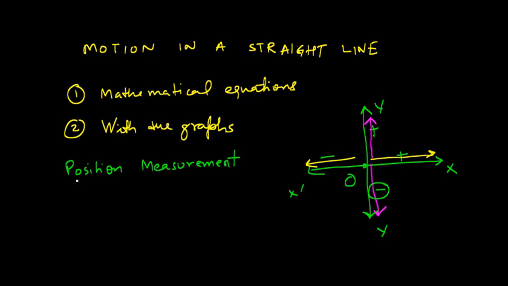Similarly, we'll talk about time measurement. For time measurement, we can add a clock to our frame of reference. So, let's add one clock here. Alright, this is the clock.